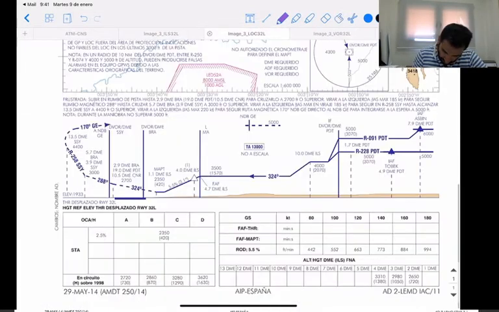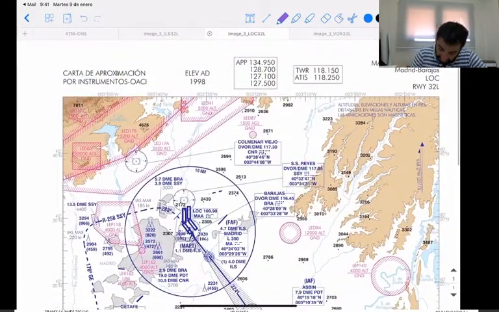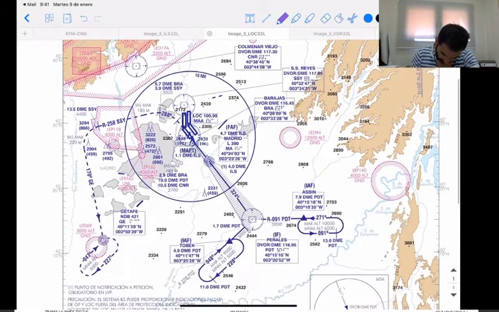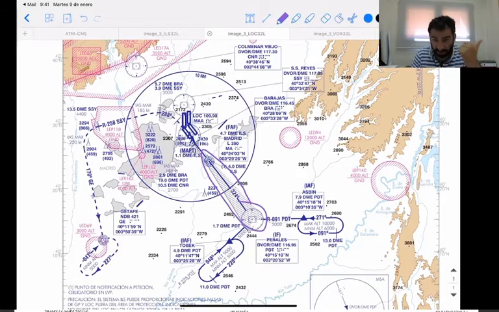If we go to a non-precision one, in this case based on the localizer, same runway, 32 left, Madrid Barajas. Now here we see again a shadow area because it is providing lateral guidance. We are using the localizer. We have here the missed approach point and the FAF.